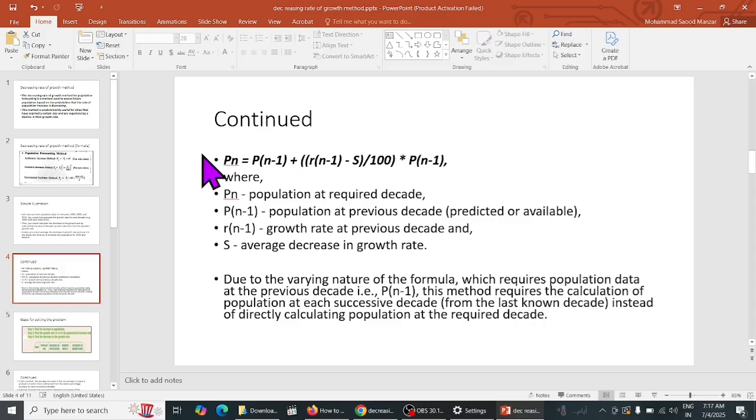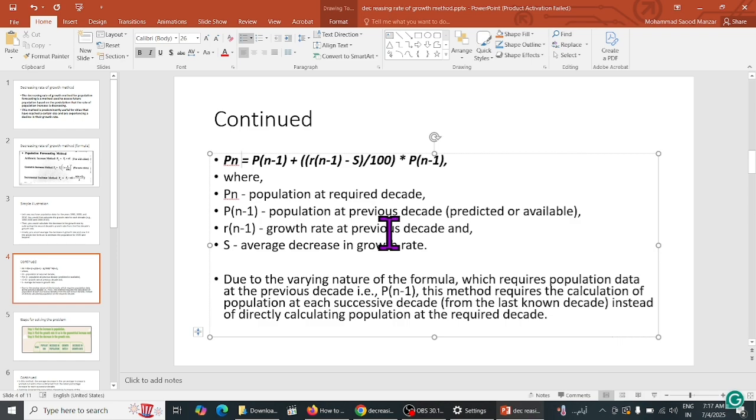This formula shows that Pn, the population for the nth decade, is equal to Pn-1 plus (Rn-1 minus S) upon 100 into Pn-1, where Pn, as I told you earlier, is the population at the required decade, Pn-1 is the population at the previous decade, predicted or available, Rn-1 is the growth rate at the previous decade, and S is the average decrease in growth rate.